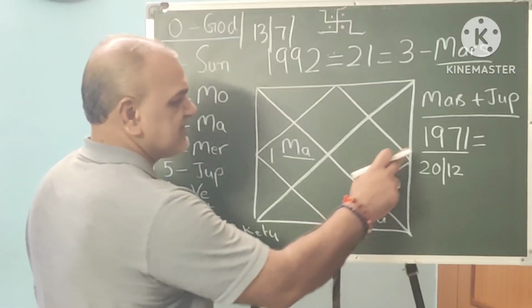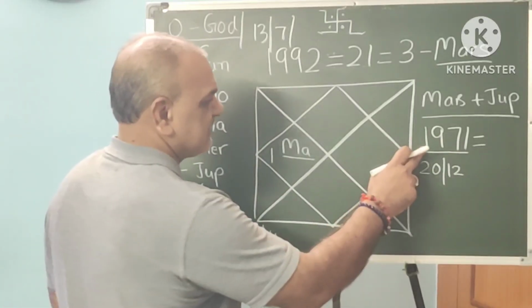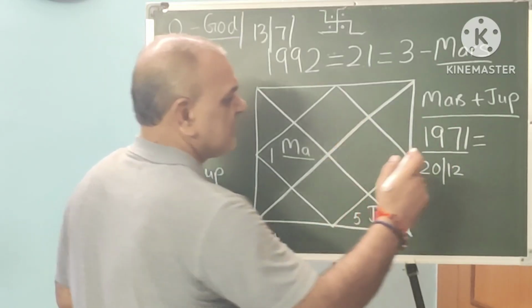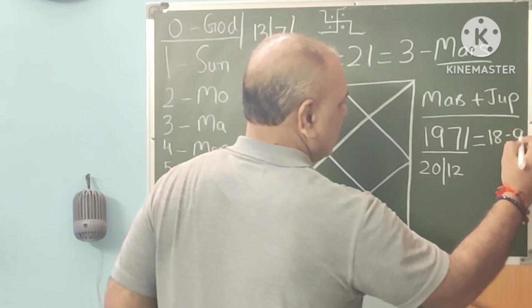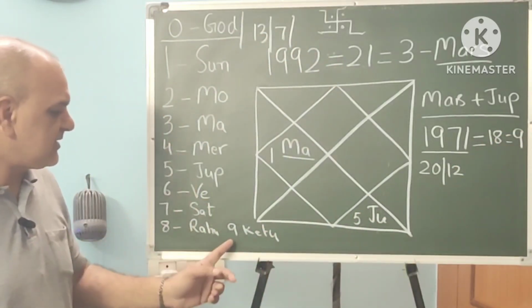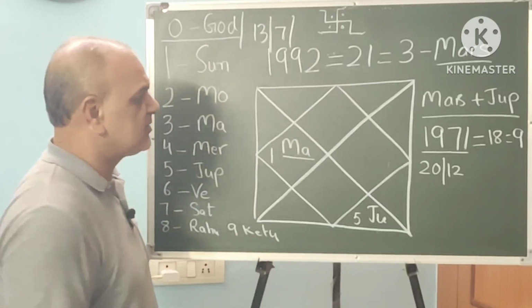First step, we add this and convert it into a single digit. 9 and 1 is 10, 17, 17 and 1 is 18, 18, that is equal to 9. So where 9 comes, according to numerology, 9 is represented by Ketu.